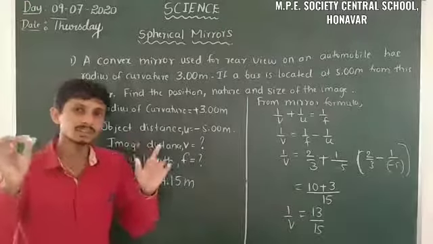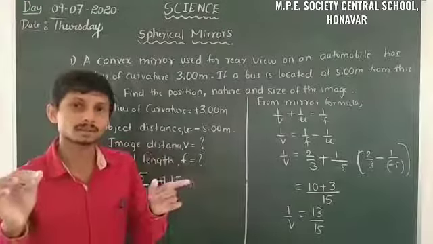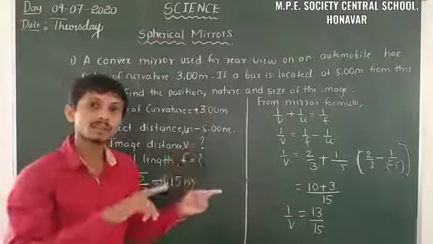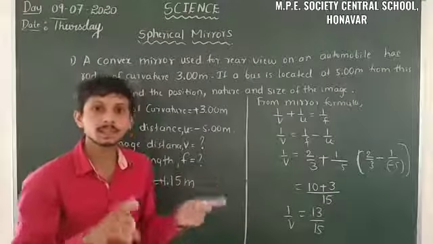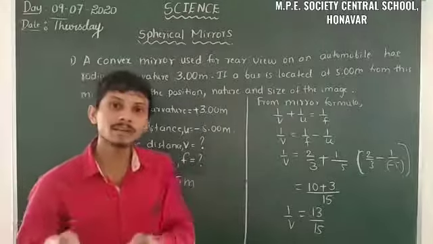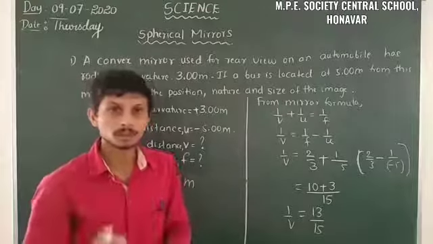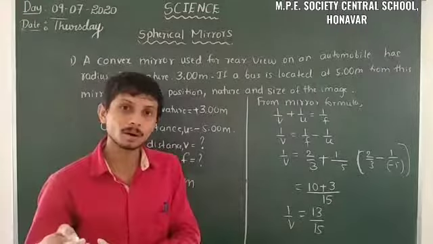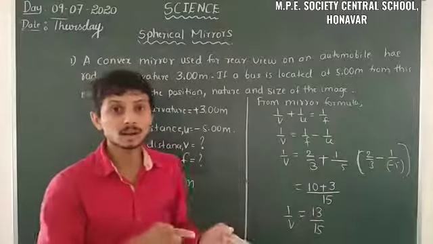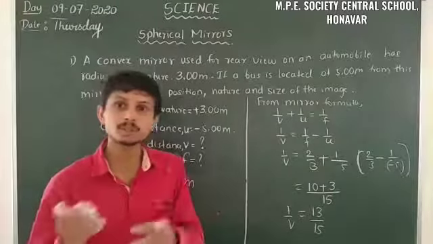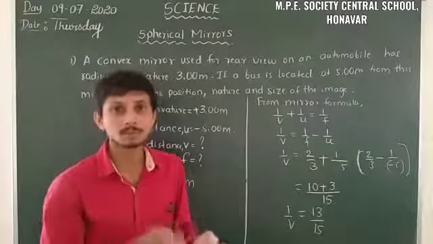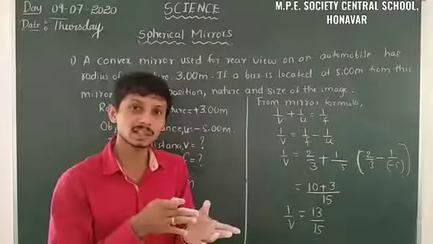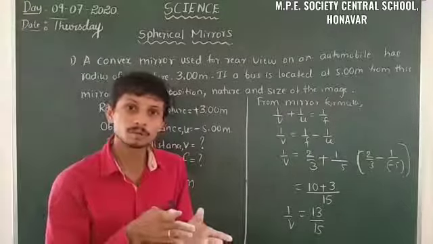So just imagine in a convex mirror. When the object is placed between infinity and pole, there the image is formed between the focus and the pole here. So all the measurements are taken from the pole of the mirror.